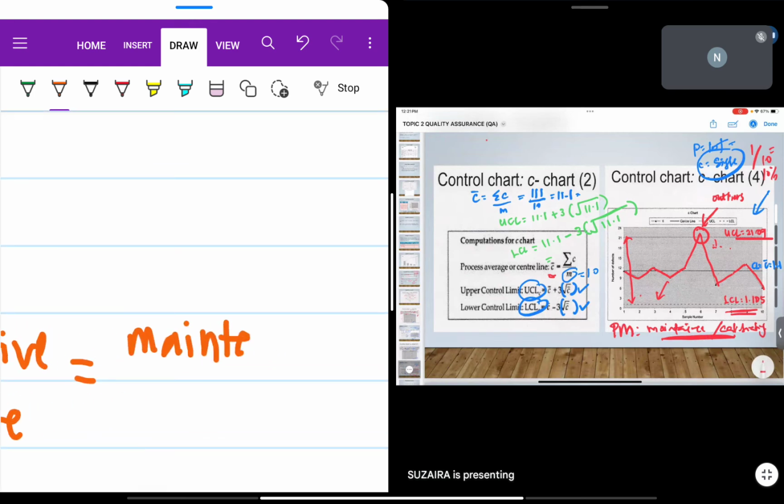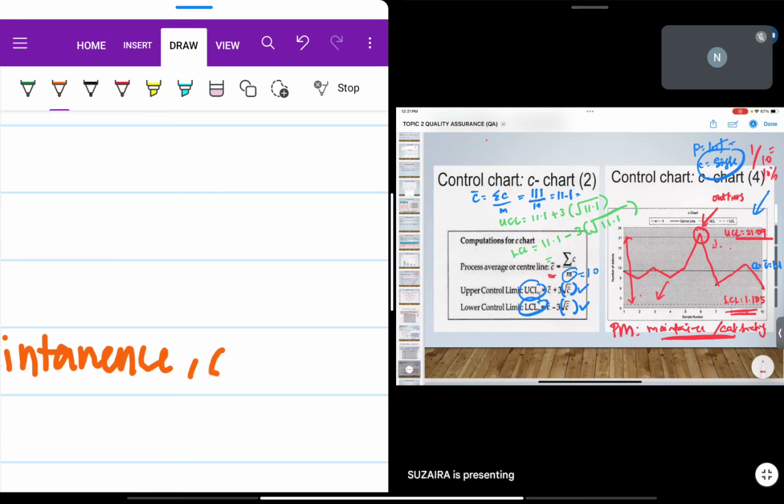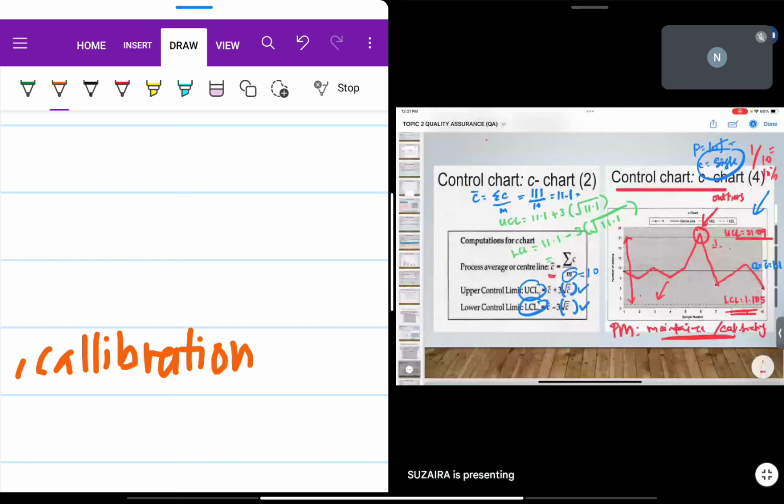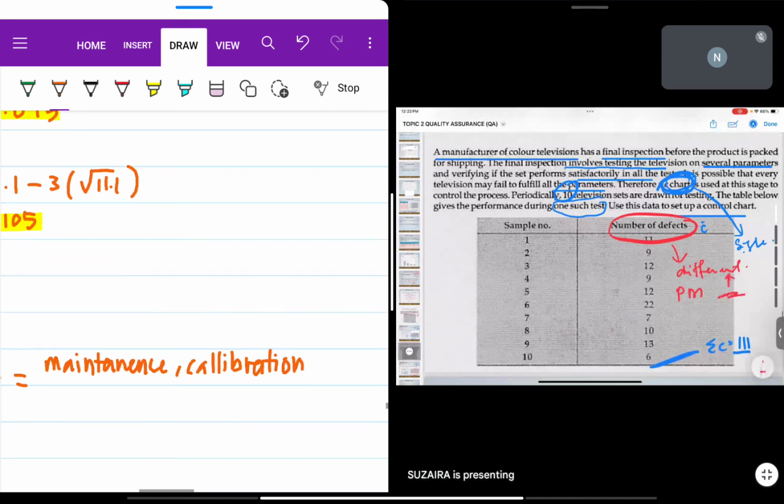This is more towards the variables, whether you accept or reject the whole, because for a control chart you inspect the single product itself. In one finished product you have different parameters, probably from different processes, so you need to think about the PM for each different process.